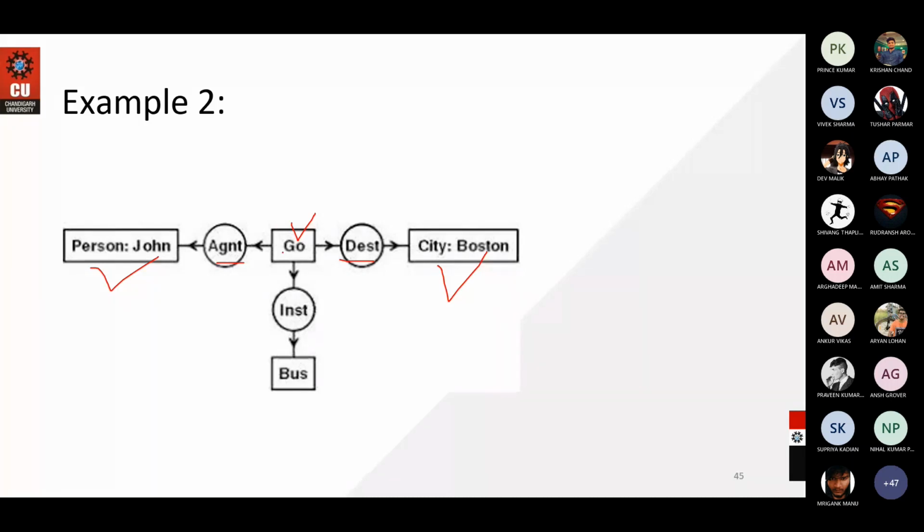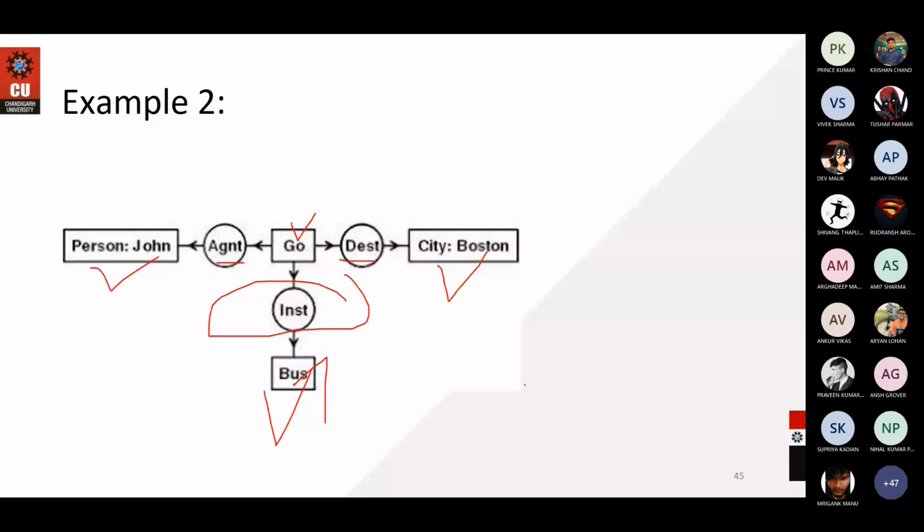And we can also read it like this: when he goes somewhere, that person will reach the destination city, that is Boston in this case. There are a few instructions given that the person can go via bus. The person can board a bus or avail the bus facility to reach Boston city.